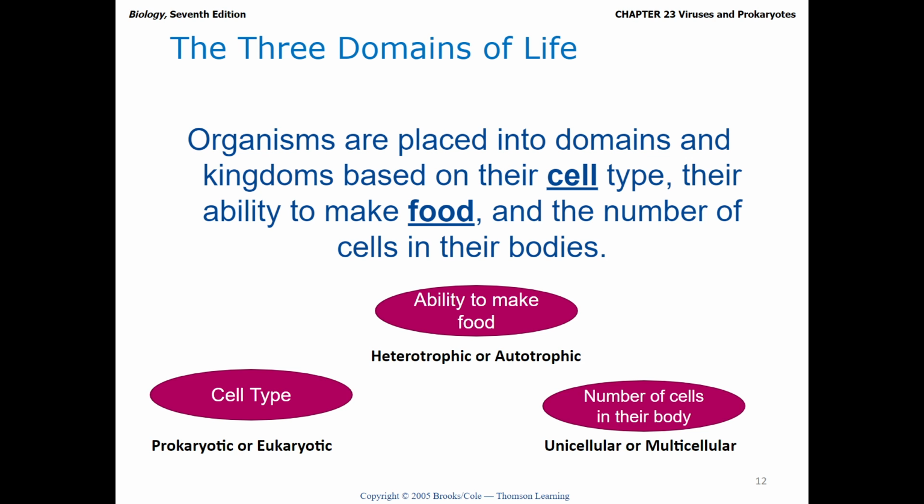This information was used to put the kingdoms that contain organisms into the separate domains. Again, domain Archaea and Eubacteria contain prokaryotes, whereas all the eukaryotic organisms, including all of the multicellular organisms, are going to be in domain Eukarya.